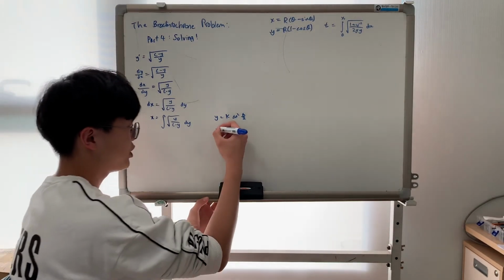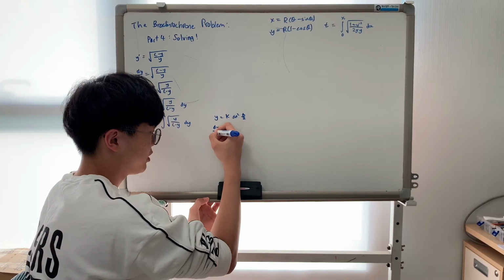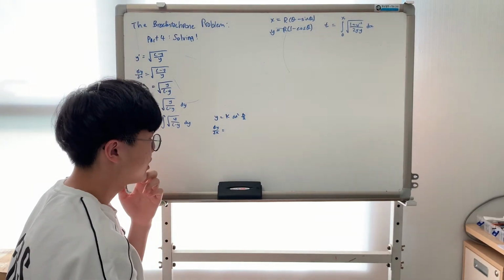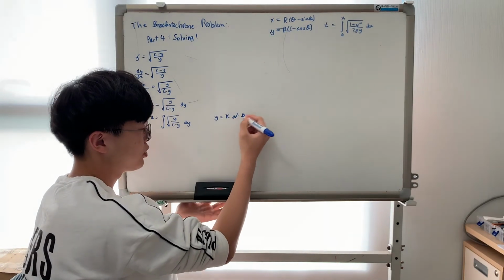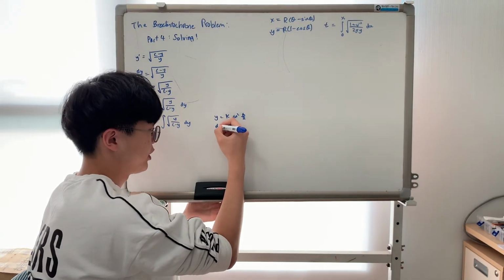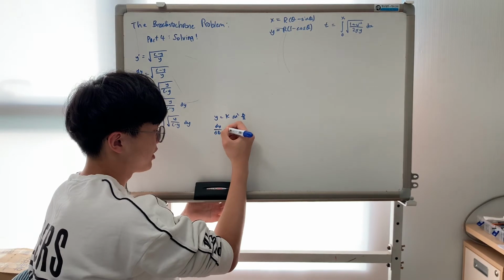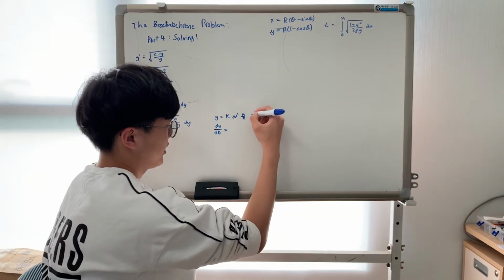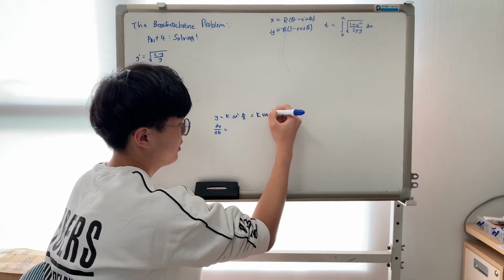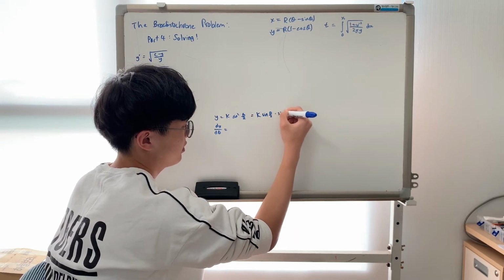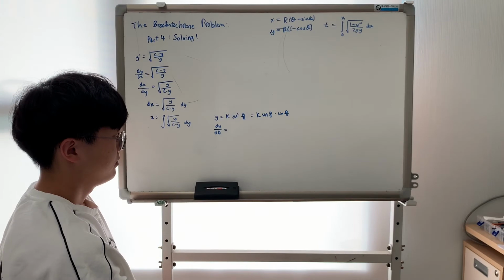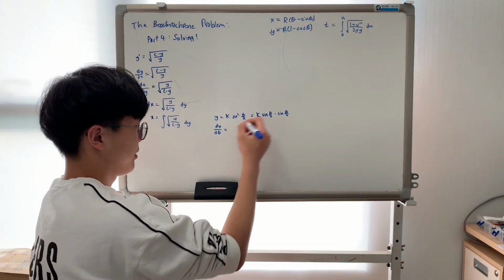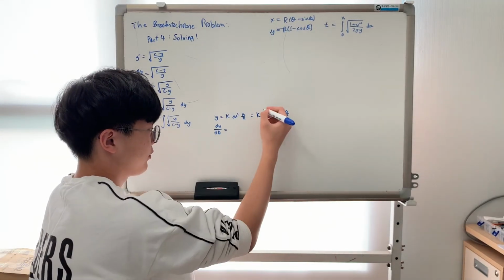Okay, then what would dy over dx be? Well, we're going to differentiate this. No, dy over d theta, sorry, because theta is the new variable we're introducing. So dy over d theta is going to be equal to k times sine theta over 2 times sine of theta over 2. In order to solve this, we're going to use the chain rule.